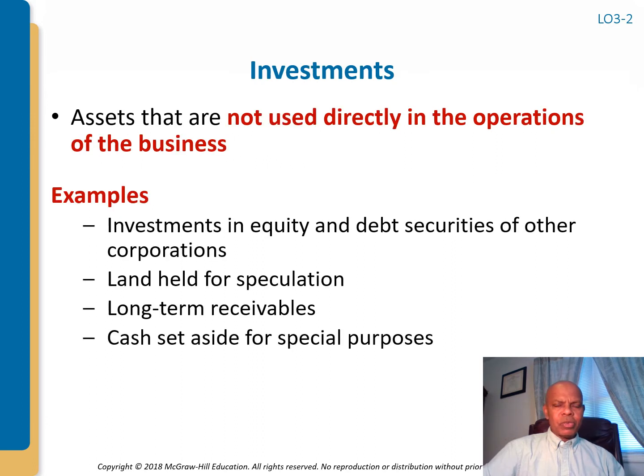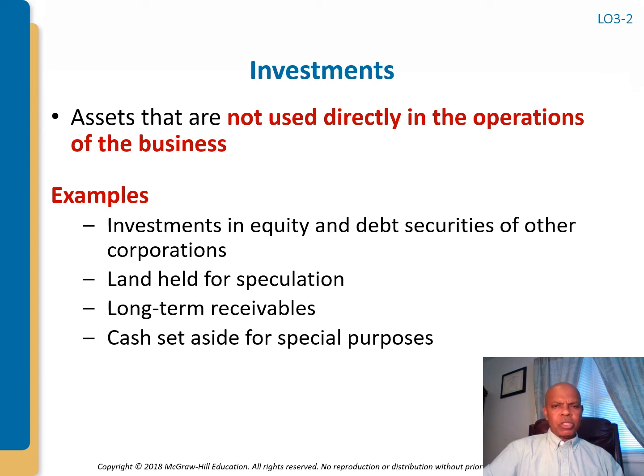Investments, we did mention, are assets that are not used directly in the operations of the business. For example, investments in equity or debt securities of other corporations. You buy shares or you buy bonds. If you have excess cash, that's what you do, you invest it in these types of securities that make money.